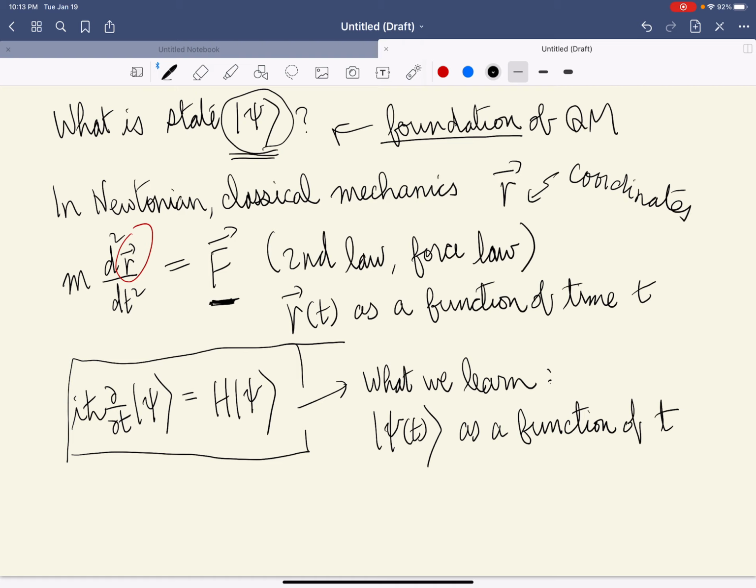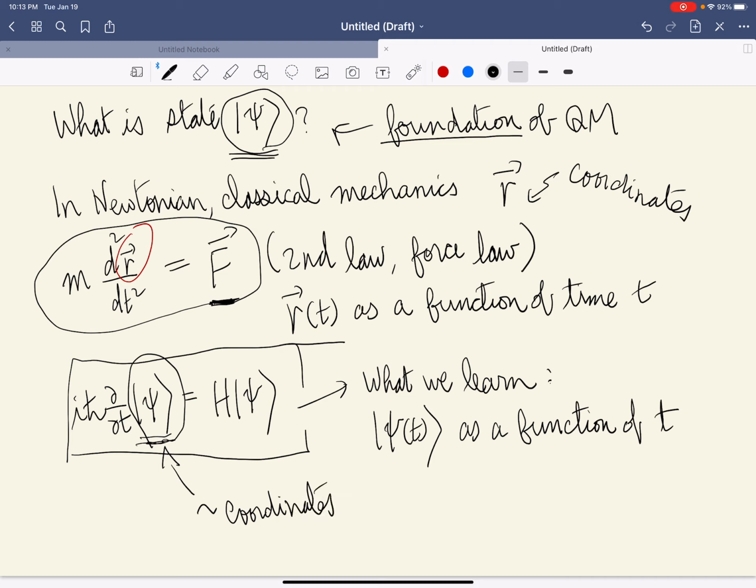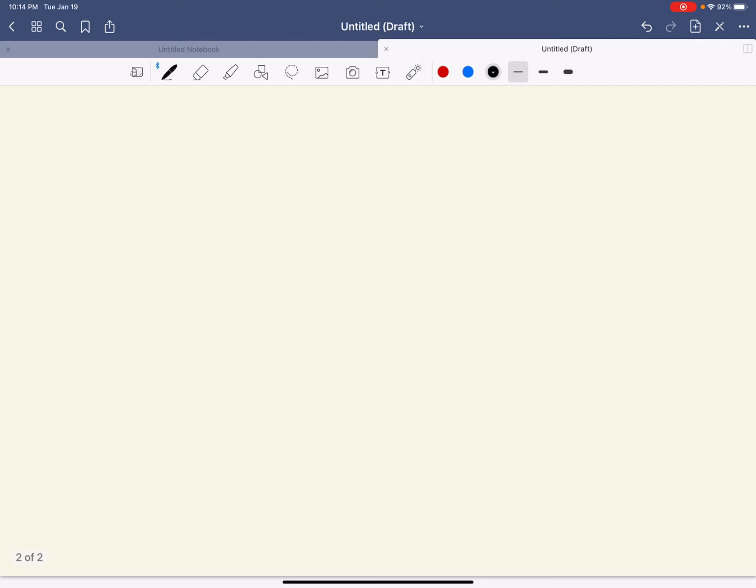Okay, so in some sense, there's a pretty close parallel between the way that Newtonian mechanics treats the evolution of coordinates and quantum mechanics treats the evolution of quantum states. So in some sense, this is like the coordinates. So maybe I can elaborate a little bit more.